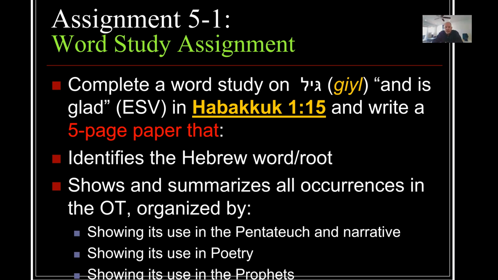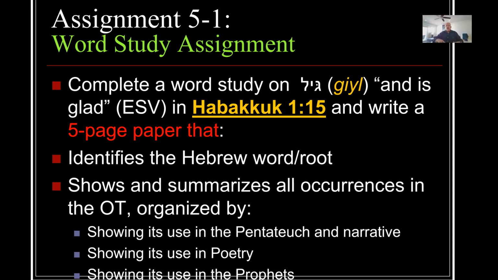So this week in assignment 5.1, and there's no discussion, that will help us a little bit on time, you're to do a word study of what would be translated Giyl, or Gimel Yod Lamed, and it is typically translated as "and is glad" in Habakkuk 1:15.